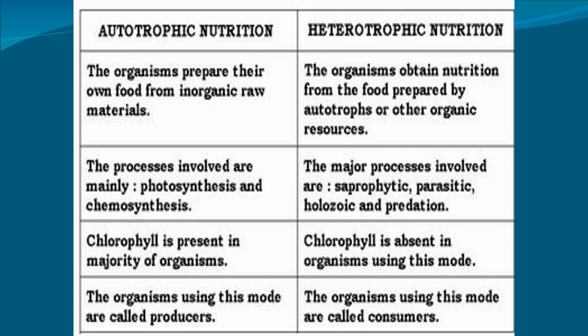The processes involved in autotrophic nutrition are mainly photosynthesis and chemosynthesis, and in heterotrophic nutrition they are saprophytic, parasitic, holozoic. Chlorophyll is present in the majority of autotrophs, whereas chlorophyll is absent in organisms using the heterotrophic mode. Organisms using autotrophic nutrition are called producers, while those using heterotrophic nutrition are called consumers.